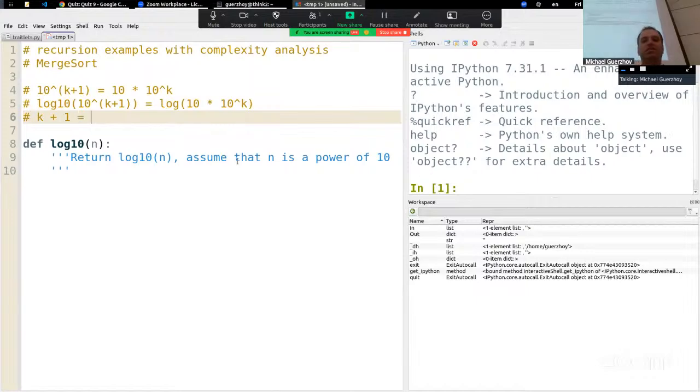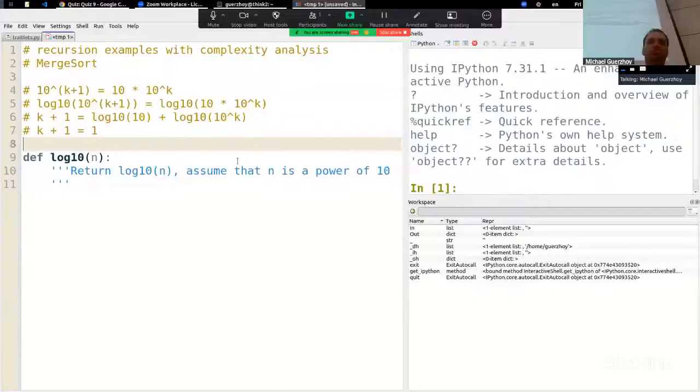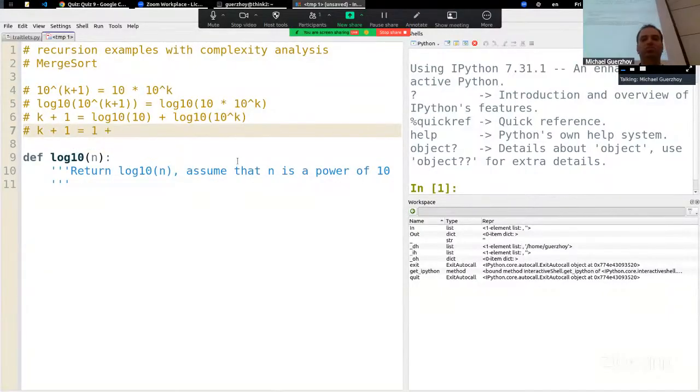And then this is log 10 of 10 plus log 10 of 10 to the k. And log 10 of 10 is 1, and that is k. So that works out.